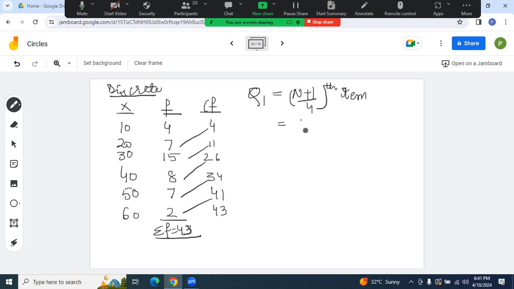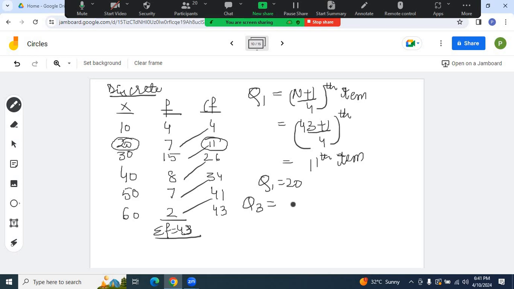So it will be 43 plus 1 by 4th item. It will be 44 upon 4, the 11th item. Now you need to see where the 11th item lies. Clearly here only the 11th item will lie, and Q1 will be the corresponding observation value 20. So Q1 is 20.